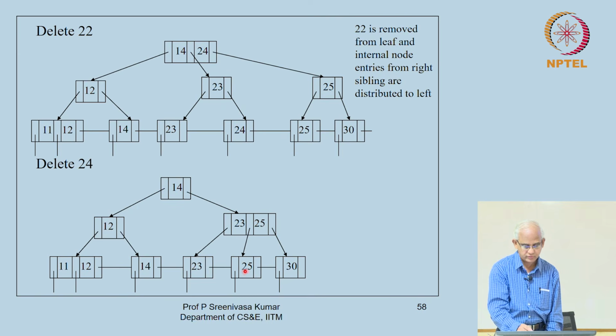So 23, 25, 30 are the 3 subtrees to be taken care of. We will merge these two and not disturb the tree beyond that, because of course 24 has been deleted. Now merge these two and retain the pointer as it is, then the search will be appropriately guided. So greater than 14 will come here and 24 is not in the picture.